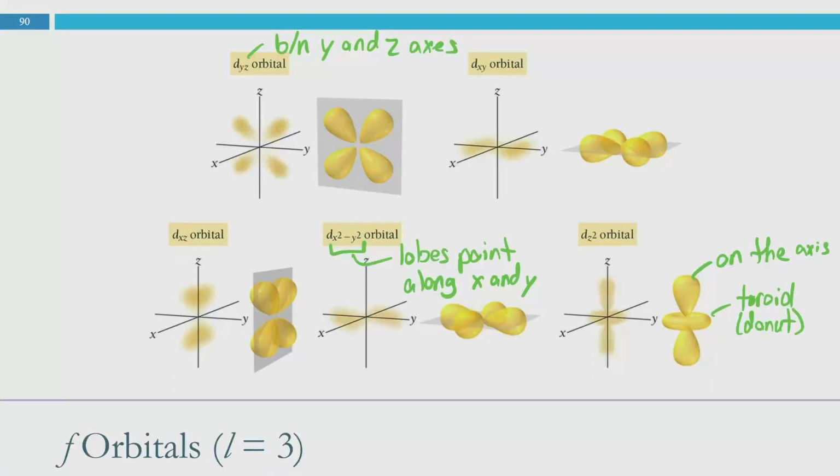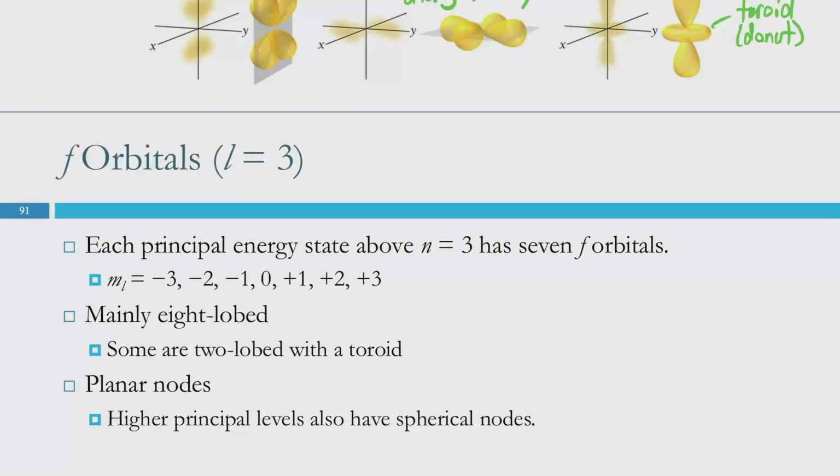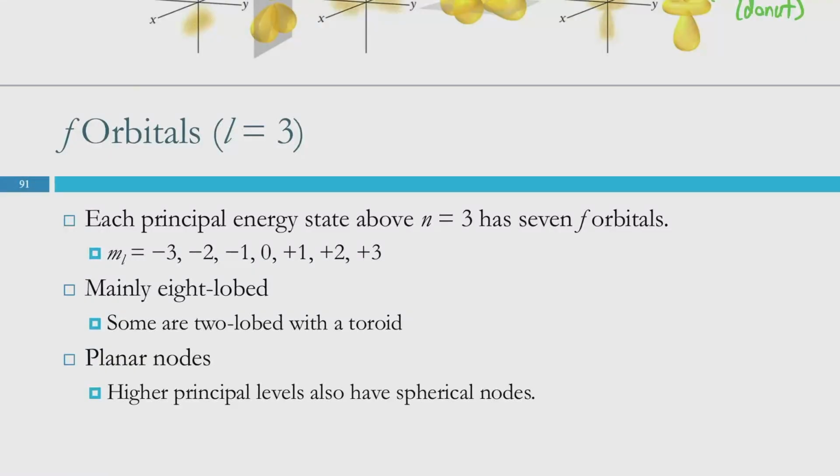We also have f orbitals. We will look at the f orbitals, but be warned, they're scary. Our f orbitals show up for the first time in n equals 4.